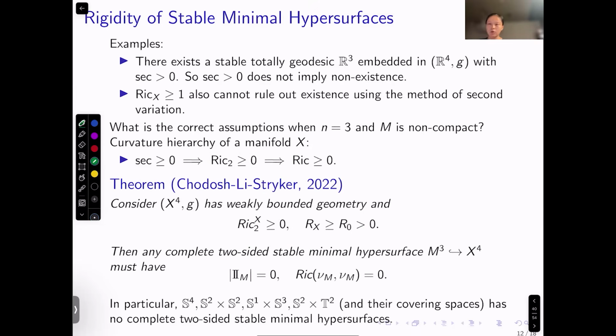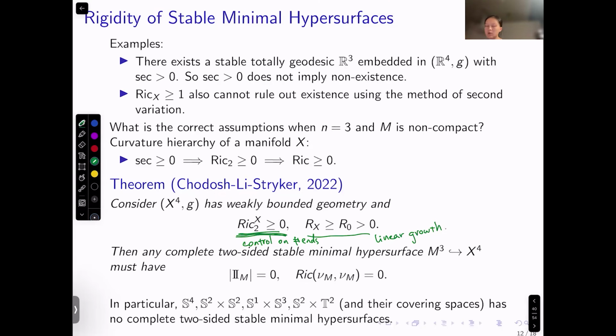And using this condition, Chodosh, Li, and Stryker proved that if you have non-negative Ricci and PSC, the first condition gave you control on the number of ends, and the second condition gives you linear growth for each end.